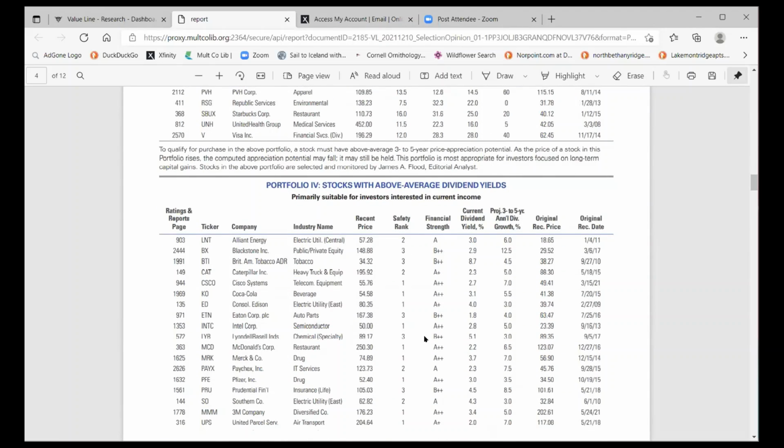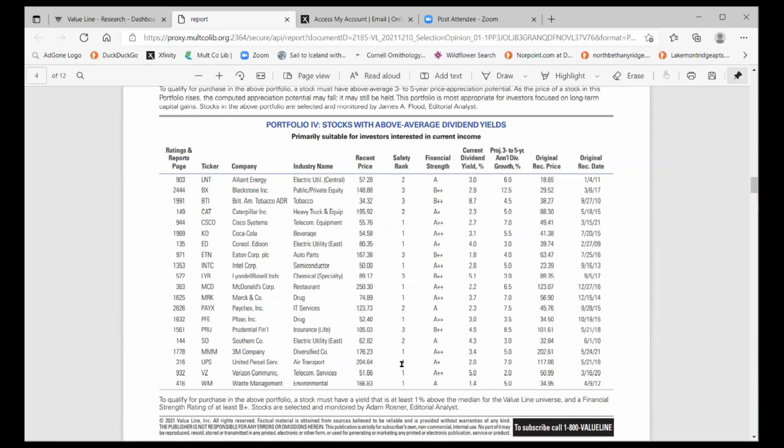And then the last one is the one you may be interested in because it's the one that talks about the honking big dividends that are available. And this is about all the homage that Value Line really pays to dividend yield. So you can see who's here and are you interested, are you not interested, and they give you the safety rank rather than the performance rank. And then here, again, here's the financial strength to look at, which is all, I think, important.